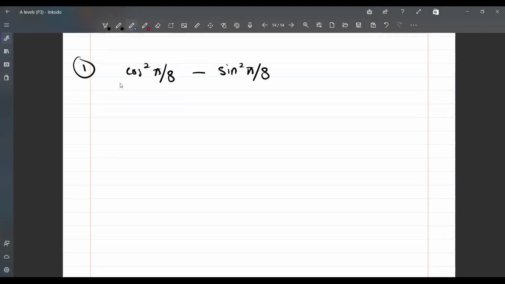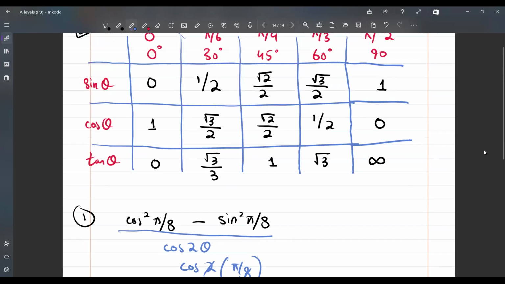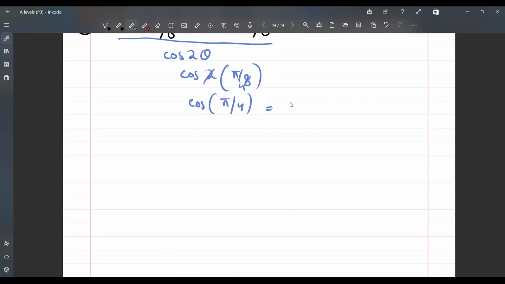This is cos square theta minus sine square theta, which is cos 2 theta as studied in the earlier videos. So let's put pi upon 8 in place of theta. You're left with cos pi upon 4, which, if you solve it using a calculator, is under root 2 upon 2.